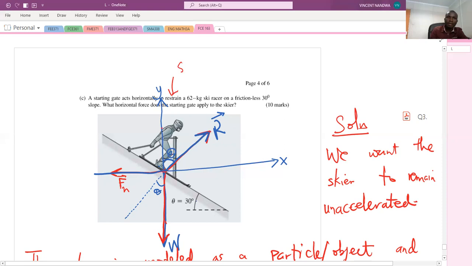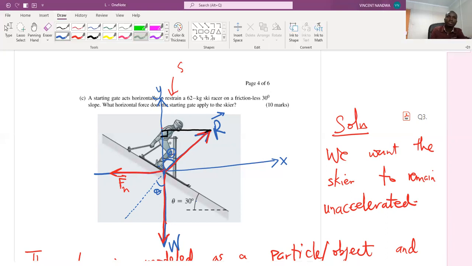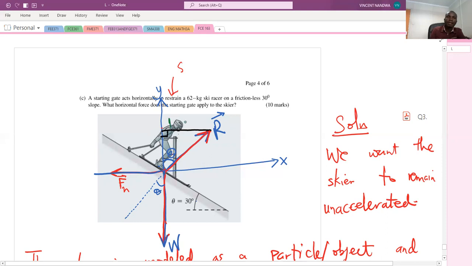And then this line is actually making 90 degrees with the y-axis, and using SOH CAH TOA, we can tell the length or the magnitude of the forces. This opposite will be simply R sine of theta. This one will be R cosine of theta.